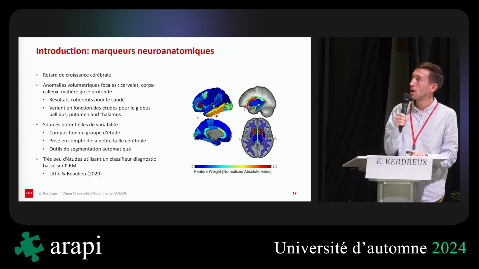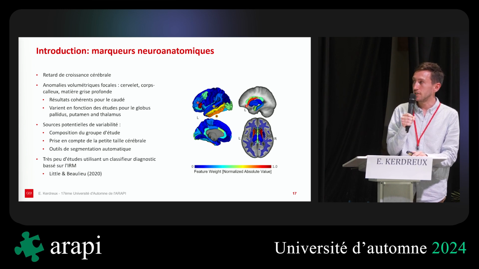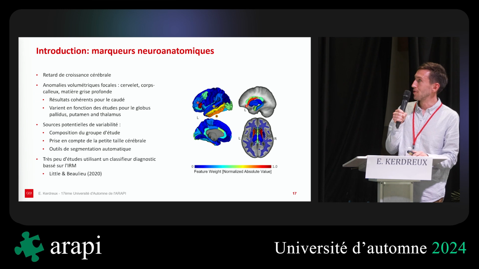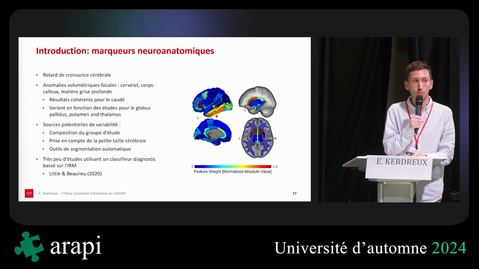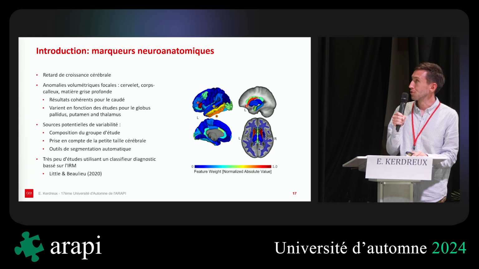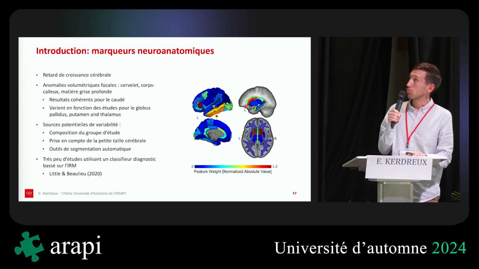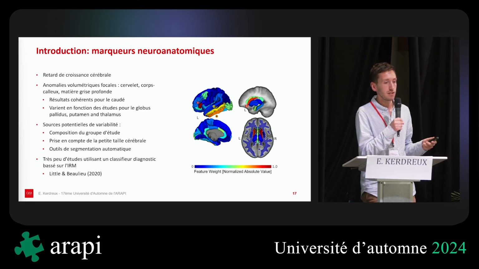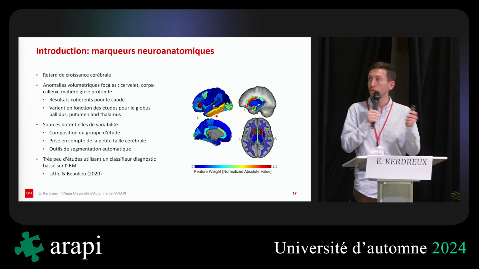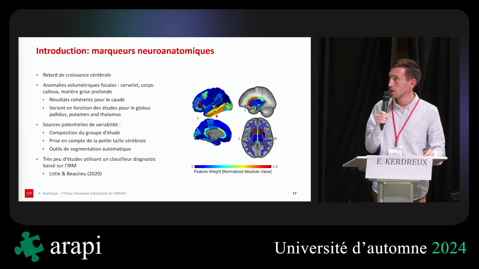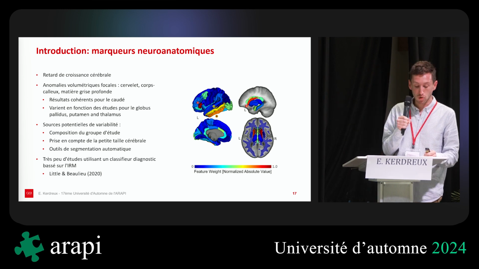And in literature, there is almost no study that tried to use diagnostic classifications based on the MRI. There is this study by Little and Beaulieu, 2020, that showed that there are a certain number of regions that can contribute to diagnosis, but their aim is not to translate the signature in the syndromic form in the patients who have a syndromic presentation.